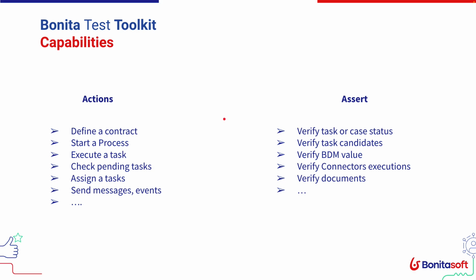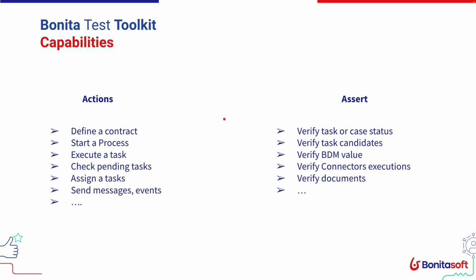So just a quick summary of the Bonita Test Toolkit's capabilities. In terms of actions, you can define contracts, start a process, execute a task, check pending tasks, assign a task, send messages, events, and all the things that you can do using the Bonita REST APIs. We have a large set of APIs.